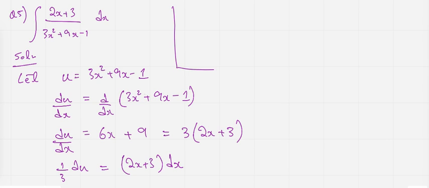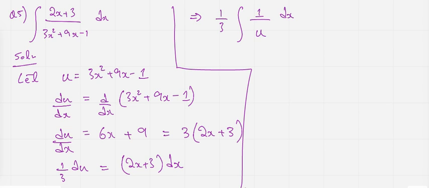So now my u substitution is helping me. I will just change these terms. So (2x plus 3) dx is going to be replaced by 1 upon 3 du. I'm sorry, it's du. I just wrote dx by mistake. So this is du.